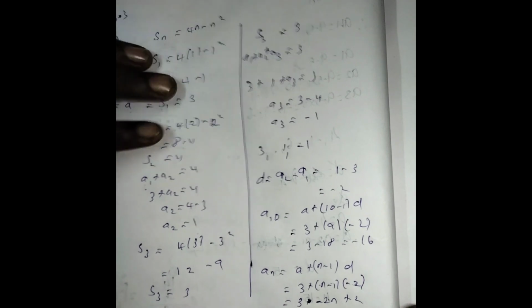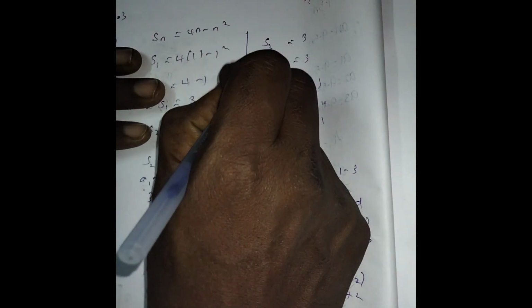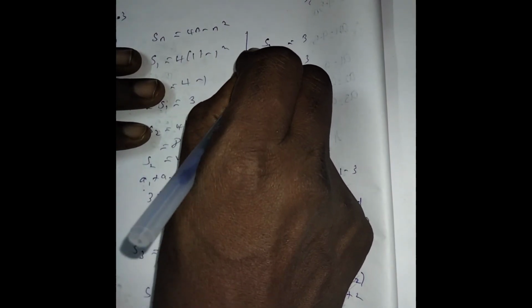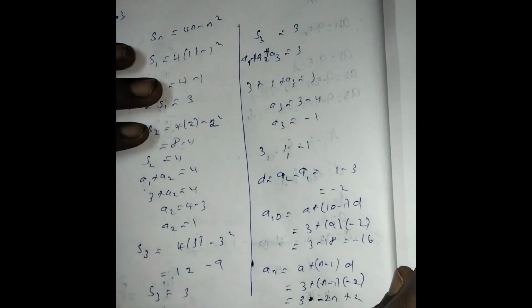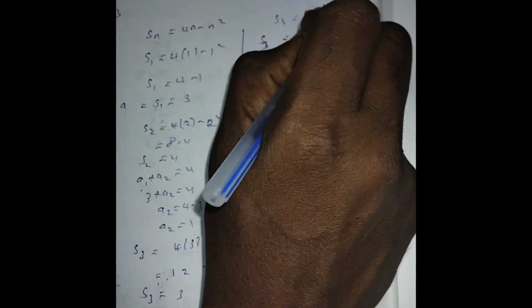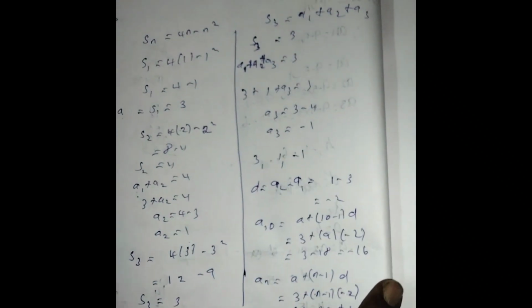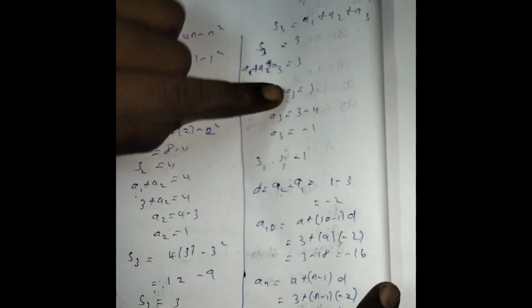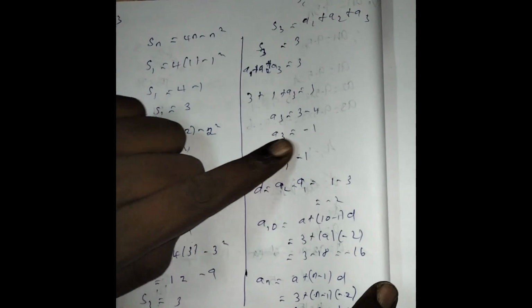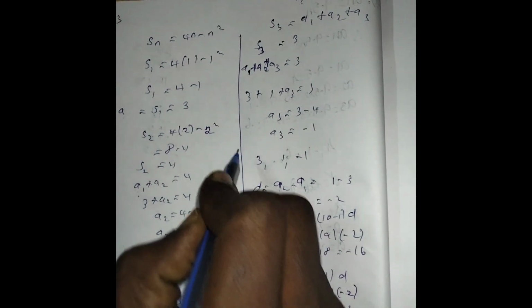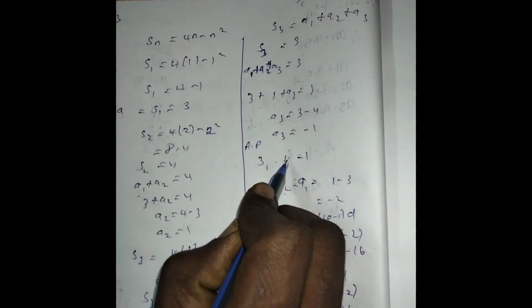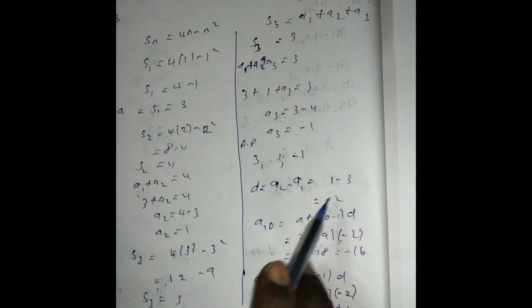So now you know the values of A1 and A2, then equating, find the value of A3. So you know the three values of the AP: 3, 1, minus 1. Then with the help of that find the D value.